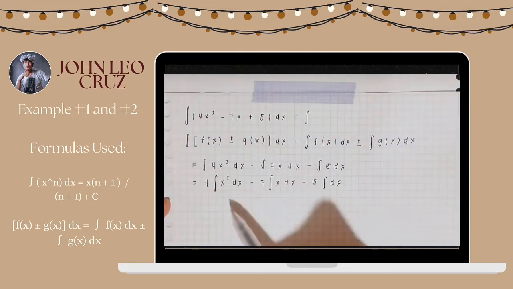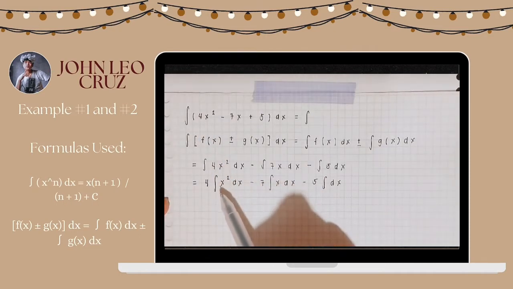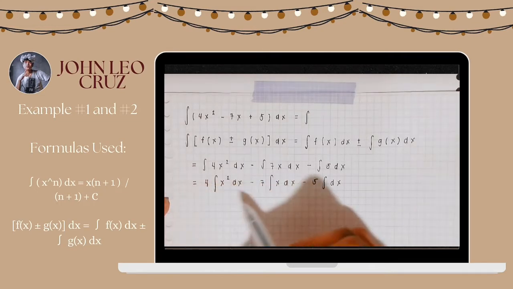Here we can notice that we again have an exponent, so we can use the formula that has something to do with exponents, just like what we did in the first example.